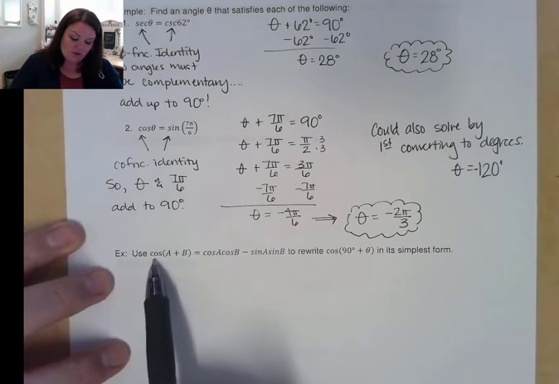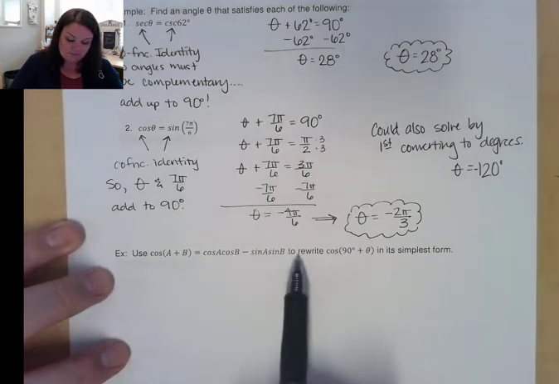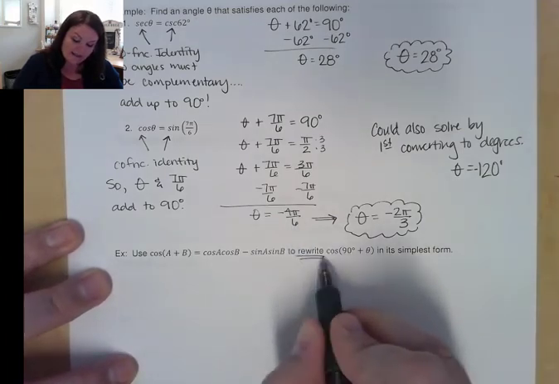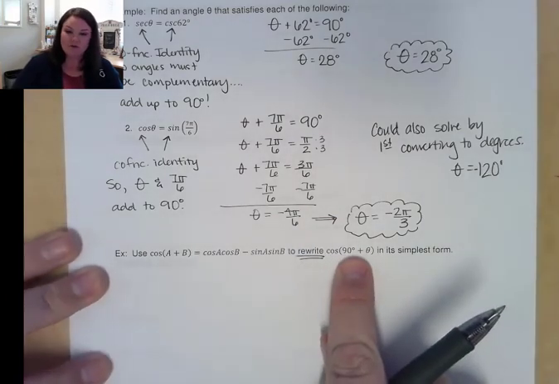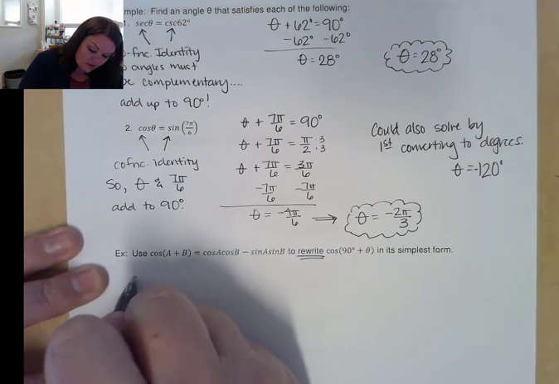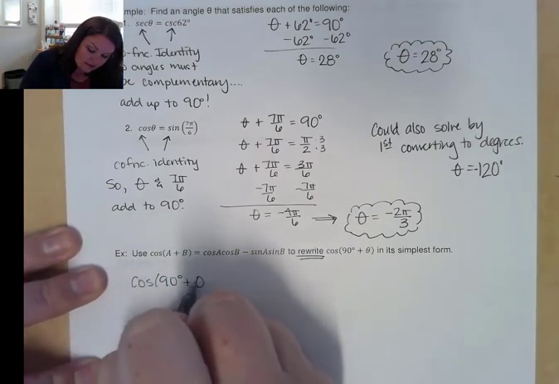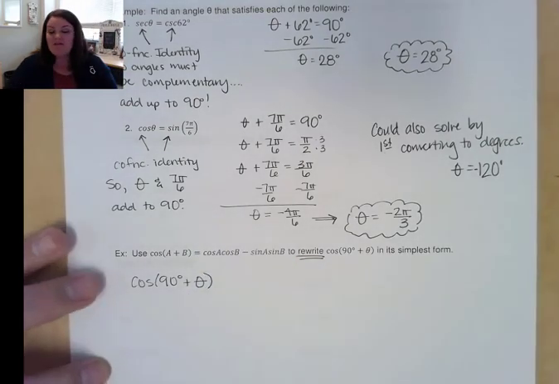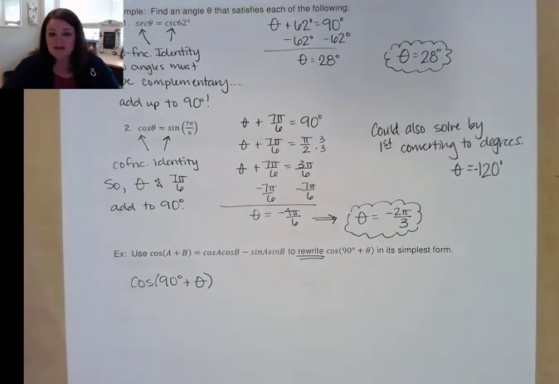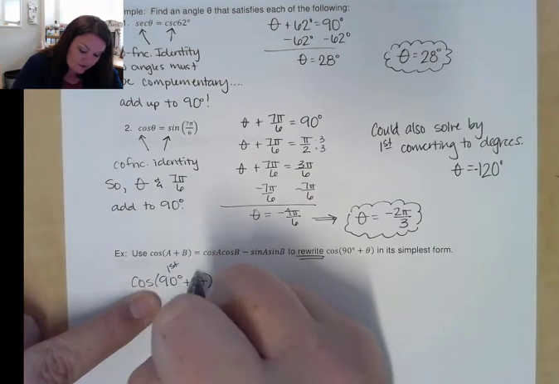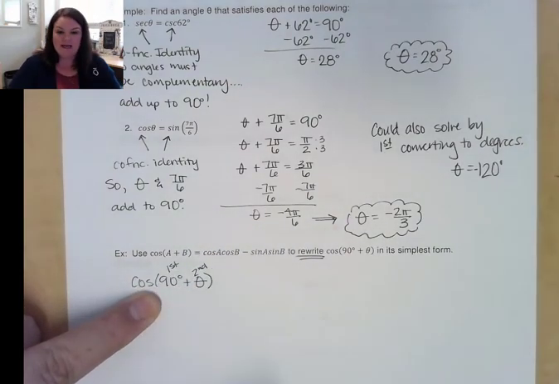It says we want to use this addition identity for cosine, and we want to rewrite cosine of 90 degrees plus theta. So that's what we're starting with, cosine of 90 degrees plus theta. Notice we don't have any cofunction identities that deal with plus theta. All of ours were minus theta. So I want to use this. I'm going to consider this my first angle and this my second angle.